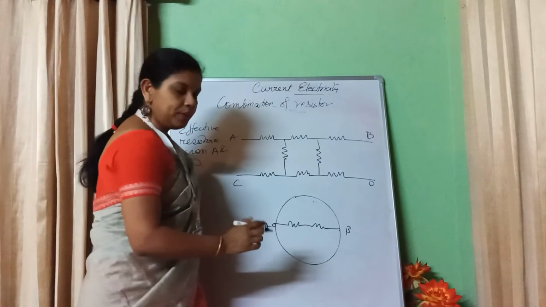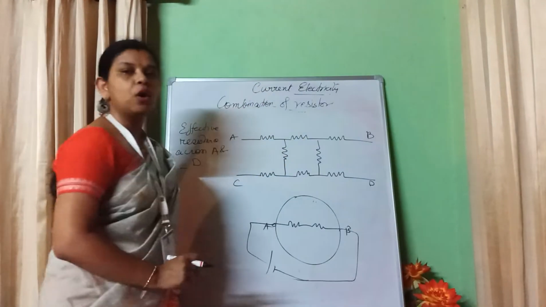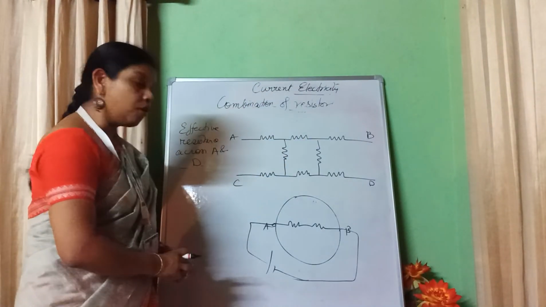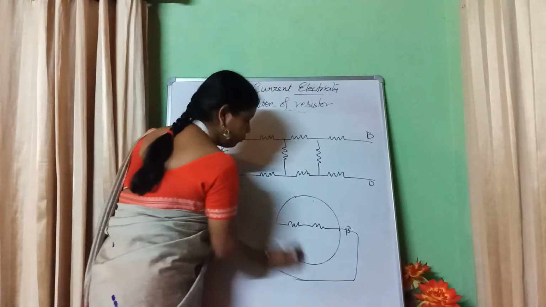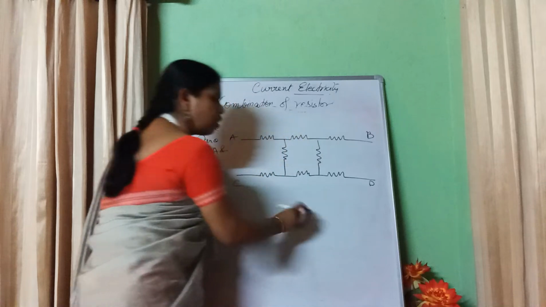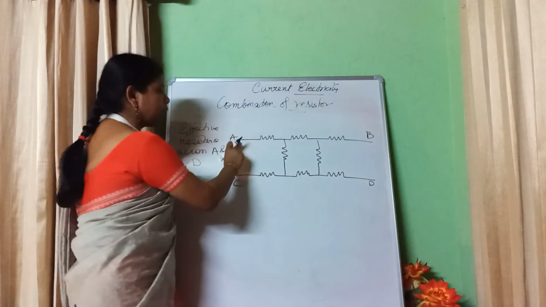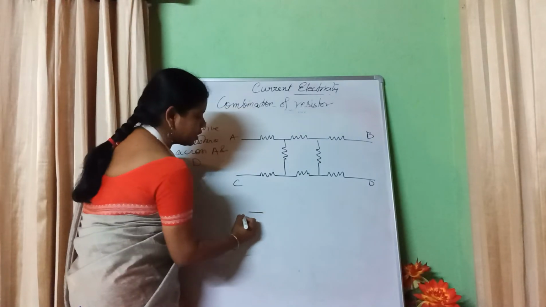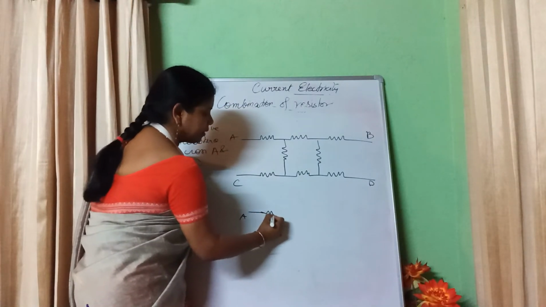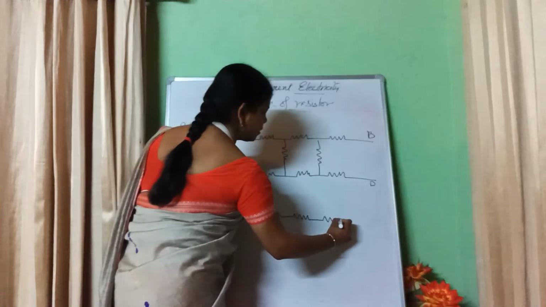That means we are assuming that across A and B we are connecting a cell or a battery. That is our first thing. Since the battery is not drawn, no need to draw it, just assume it. So across A and D, this is my terminal A, there is a resistor, then another resistor, then another resistor.